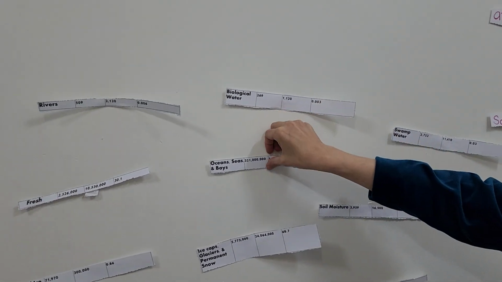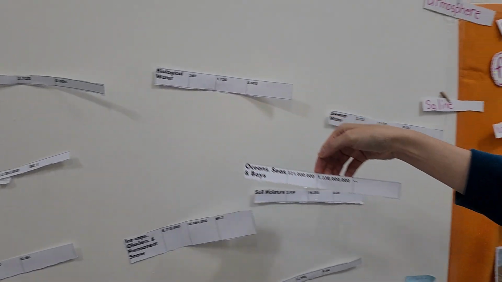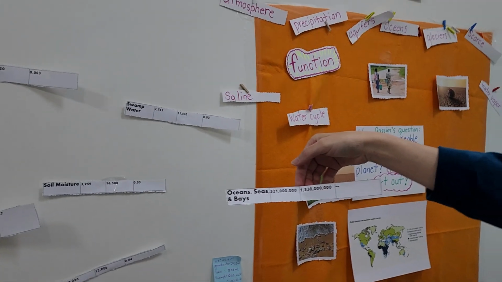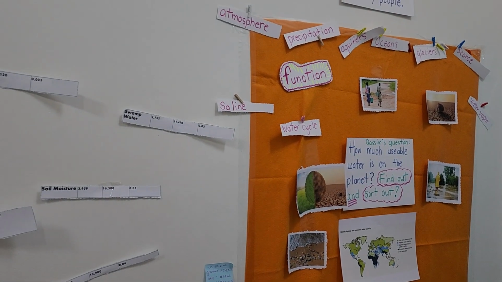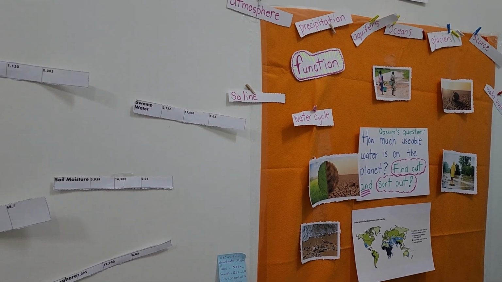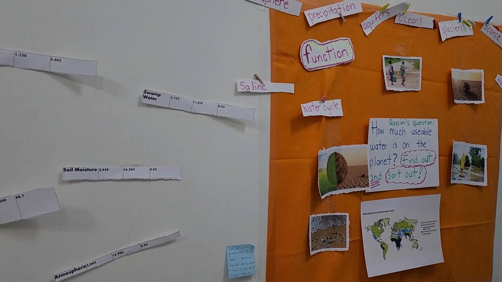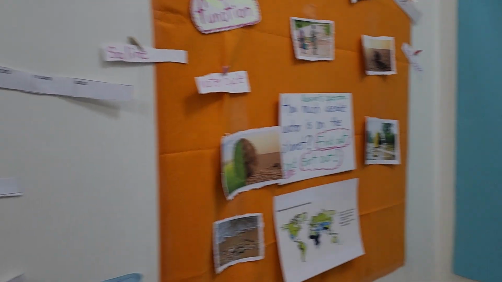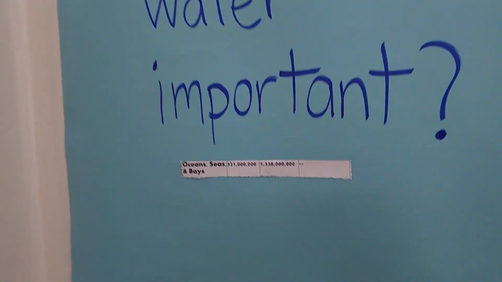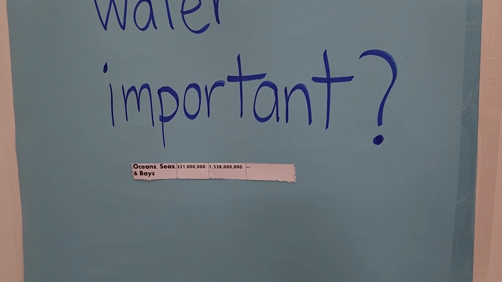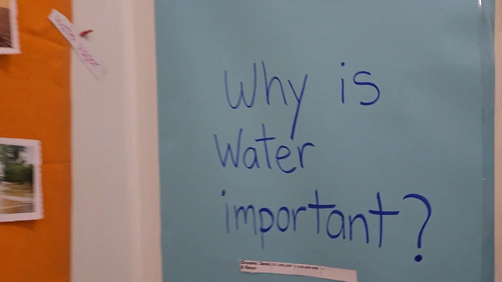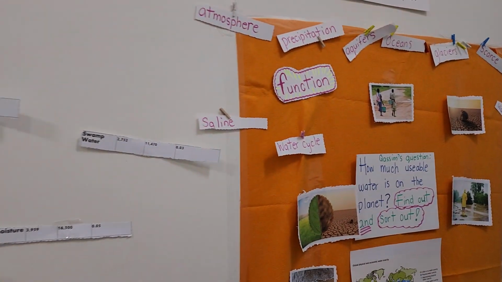Maybe Maria and Billy have oceans, seas, and bays. I will ask them to bring up oceans, seas, and bays, and we're going to see that that goes first because it's got the biggest number. I'll read the number for them. We've got 321 million cubic miles of oceans, seas, and bays in terms of the water.